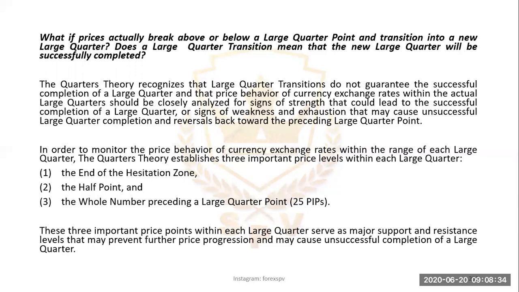These 3 important price points can serve as major support and resistance points and may prevent further progression and may cause unsuccessful completion of the large quarter point. So sometimes when you're doing your analysis, you can simply target that if price bounces to this large quarter point, then I expect maybe a retracement to an area of undershoot or to the hesitation zone, and this happens a lot around the hesitation zone.